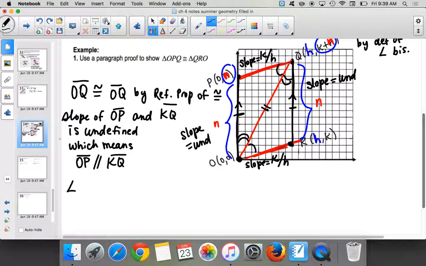So then the angles POQ is congruent to angle RQO by alternate interior angles.